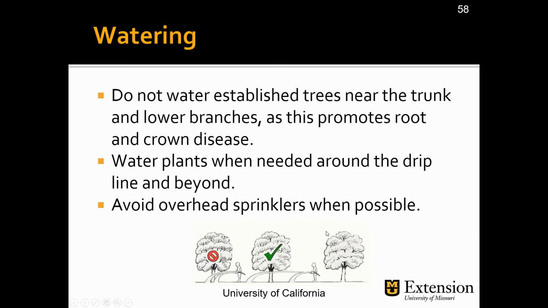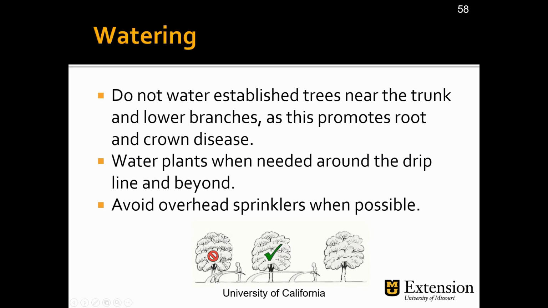Right. Now, when you water newly established trees, you don't want to water close to the trunk. You want to follow the shape of the tree, the edge of the tree, and make sure that the water is around the tree. You don't want water at the trunk because this promotes water lodging, and this is not good for newly established trees.